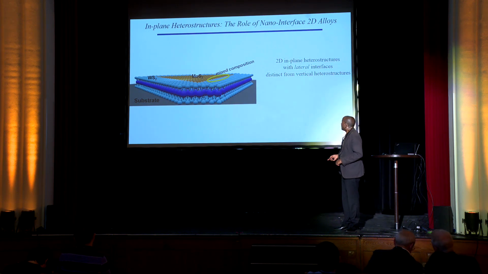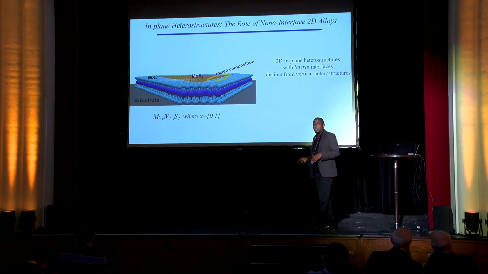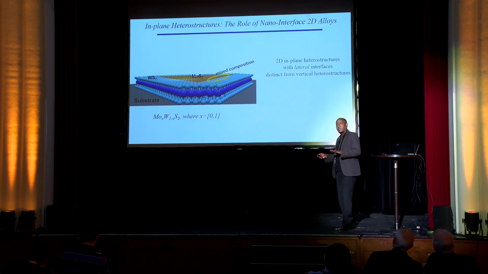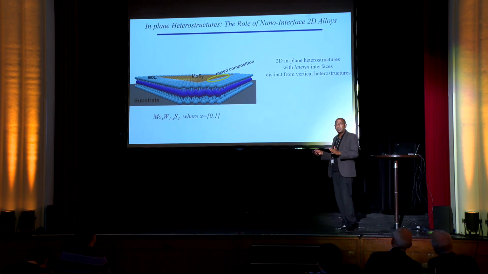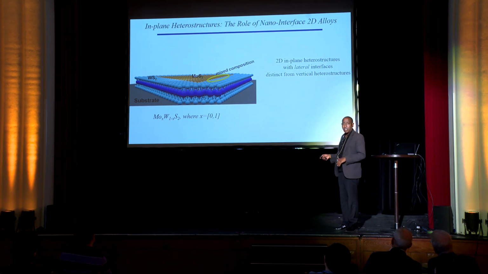And particularly what I'm going to focus on is, if you take a monolayer and not only stitch two different monolayers covalently in plane, what if you change the composition all the way from the center to the edge, and tune, for example, X between 0 and 1.